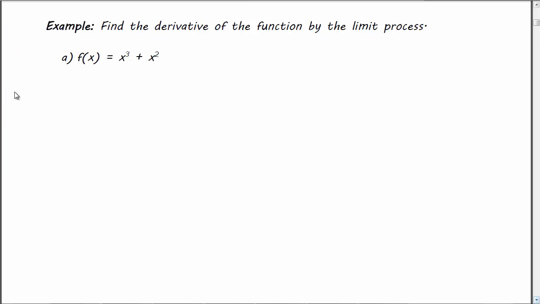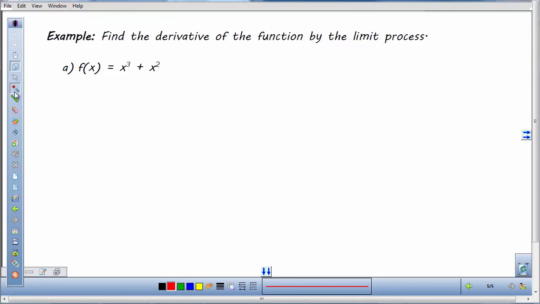And note here that it says by the limit process. A little bit later in the chapter, we will find some shortcuts for finding this derivative. But for now, we're looking at the limit process and trying to talk about what that even means. So don't forget how to do this, but then later on, when we can use those shortcuts, we'll definitely be using them.